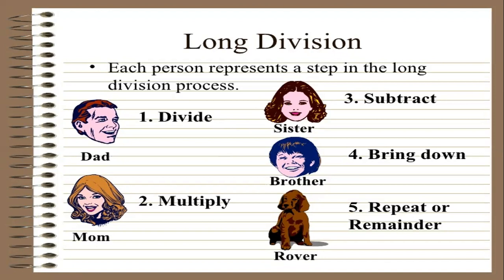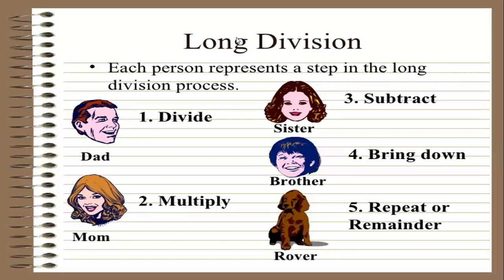There are a few family members, and the name of each family member is actually representing the symbol or the operational sign which we are going to use in our division, and step by step we are going to follow these operational signs. Okay, starting from the first family member, that is basically dad.